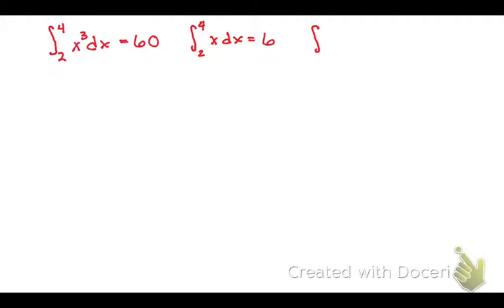And then I'm going to tell you the integral from 2 to 4 of dx is 2. So I gave you the answer of three things, right? Okay, so the integral from 2 to 2 of x cubed dx.